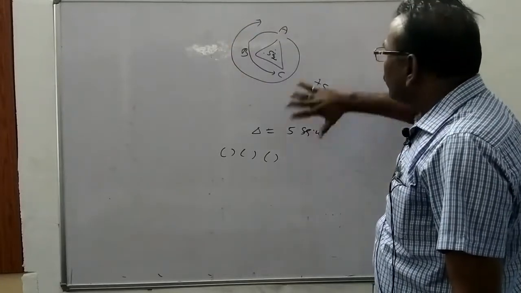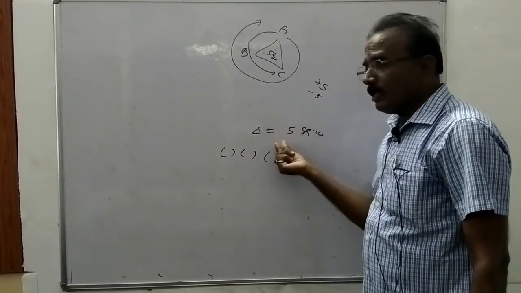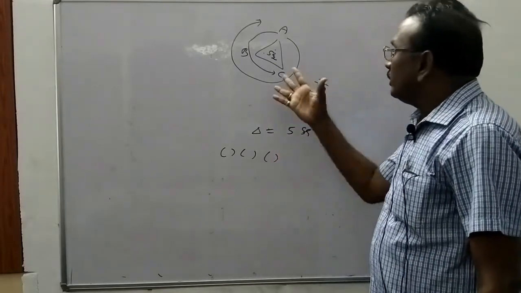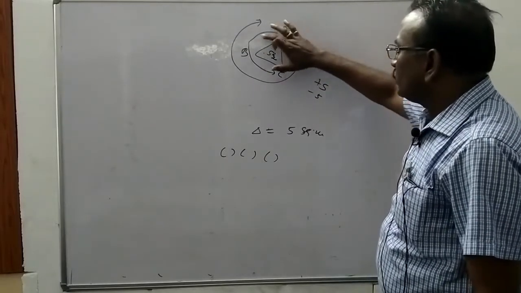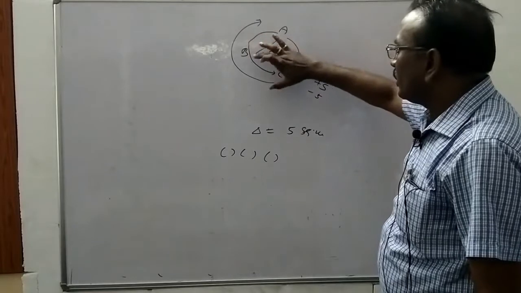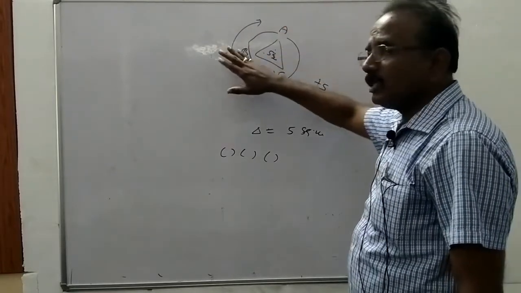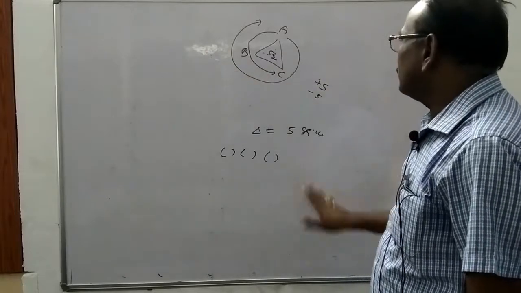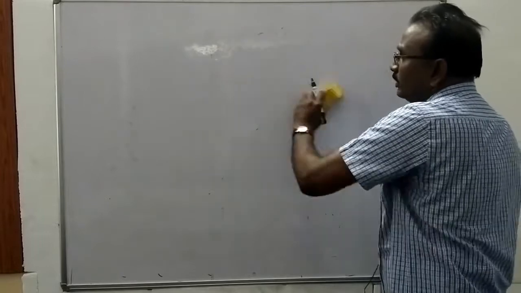Therefore, whenever the area is given, we take the plus or minus sign, because the area can be taken both ways. Suppose in this direction the area of triangle ABC is positive; taking the order ACB, the area of triangle ACB is negative. That's why whenever the area is given, we take both plus and minus signs.